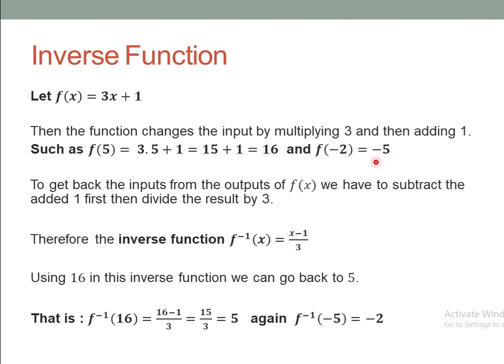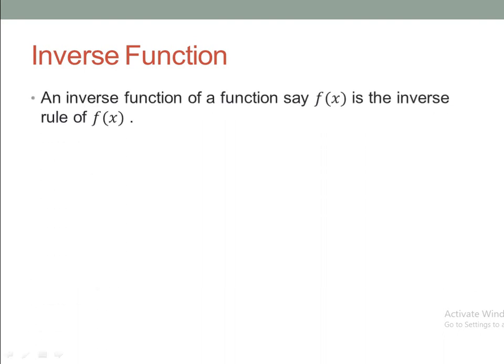Again, if you use minus 5 as the input in inverse function, you will get minus 2 back. How? Minus 5 minus 1, minus 6, divided by 3, that is minus 2. So, if a function is given 3x plus 1, then inverse function is x minus 1 by 3.